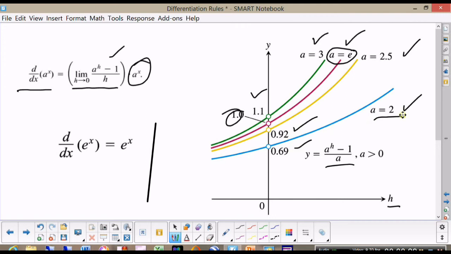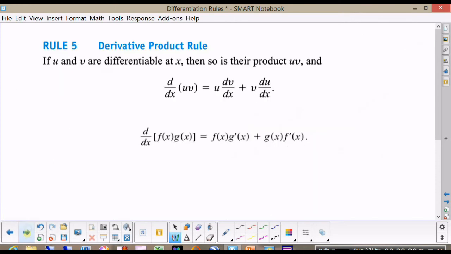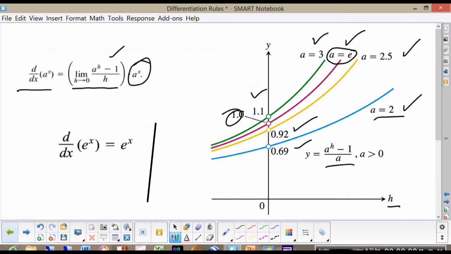So at the moment, what we're going to show you is that d dx of e to the x equals e to the x. This is the only function whose derivative happens to be itself.